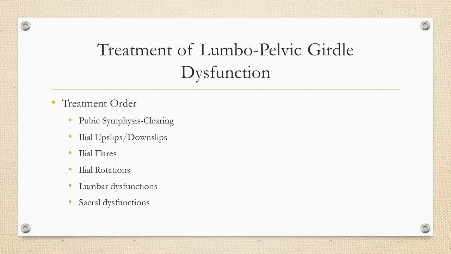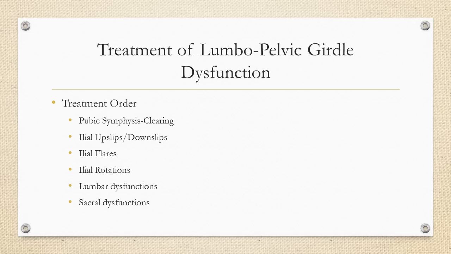We know that the thoracolumbar fascia comes all the way through from the ilium up through the latissimus dorsi and through the anterior pectoral muscle and fascia, and attaches to the clavicle. And so the clavicular jump test will be positive if you have an upslip on that same side, because you are changing the length tension relationship of that fascial component.